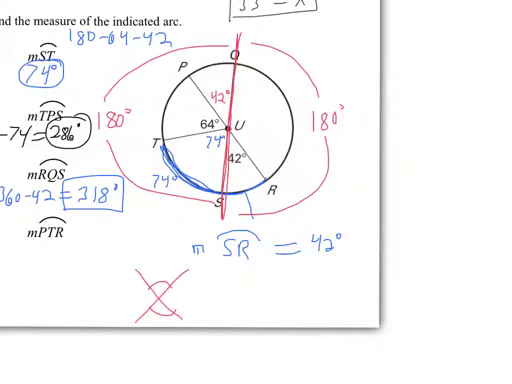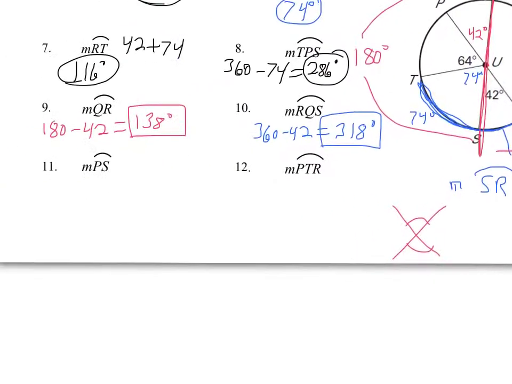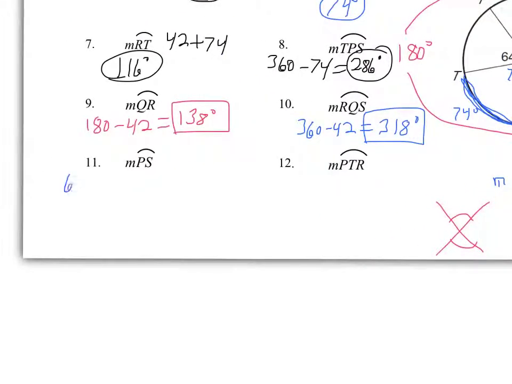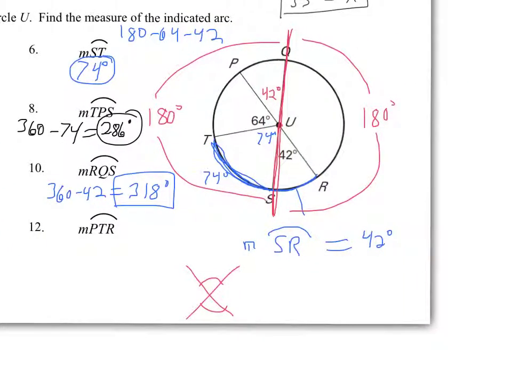And every time you have an arc, there's actually two. There's a minor and a major. I haven't mentioned this yet in this video, but you would want to go with the minor arc. So PS would be 64 plus 74 added together. And 64 plus 74 is 138 degrees. All right, last one of these. Number 12, the measure of PTR.